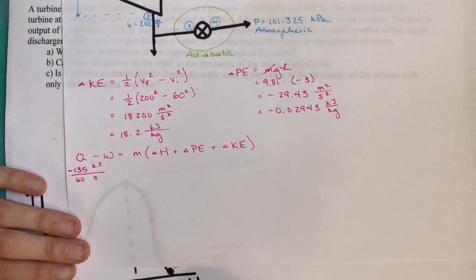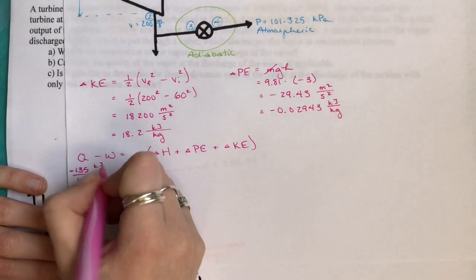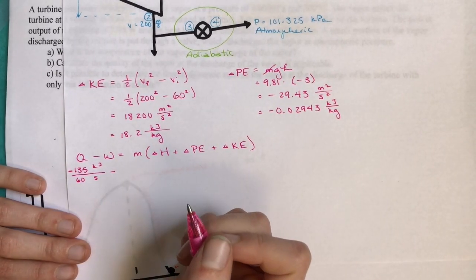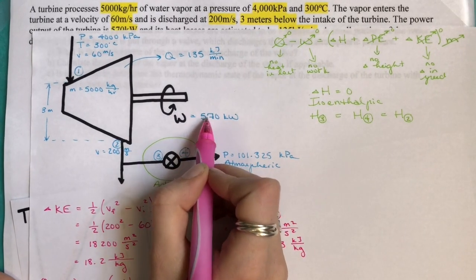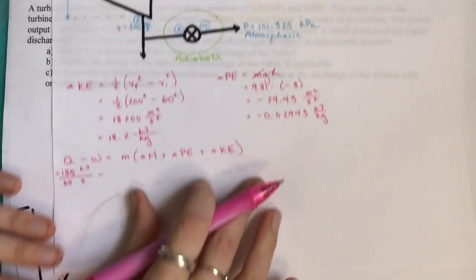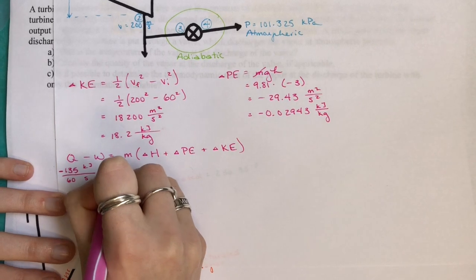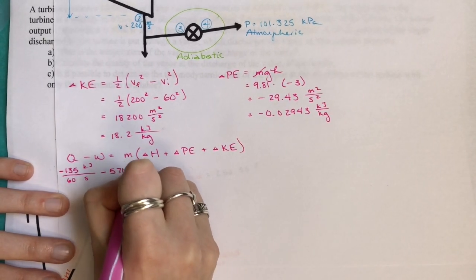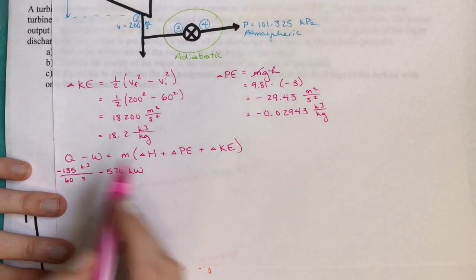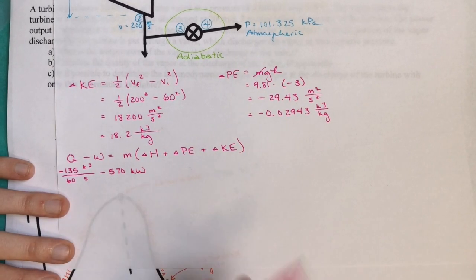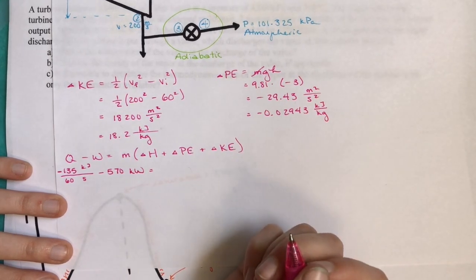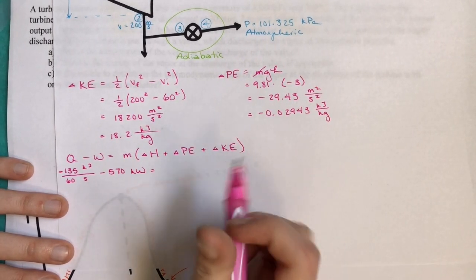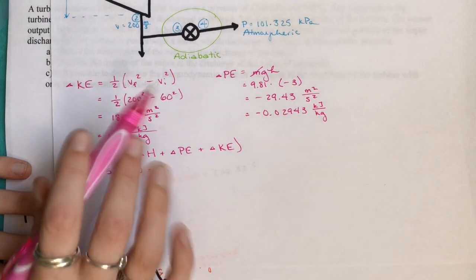Okay. So next, we're going to subtract off the work that we have. The work that we see is, again, straight off the table, 570 kilowatts. A quick little side note, kilojoules per second is kilowatts. So we're all set there. Now as we go over here, we are going to include mass for the first time.